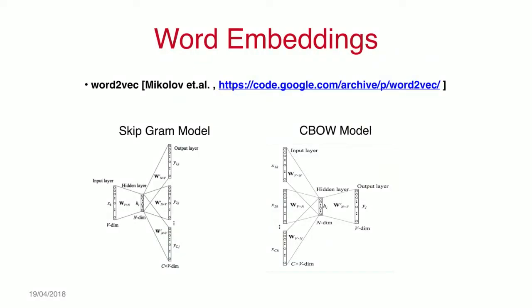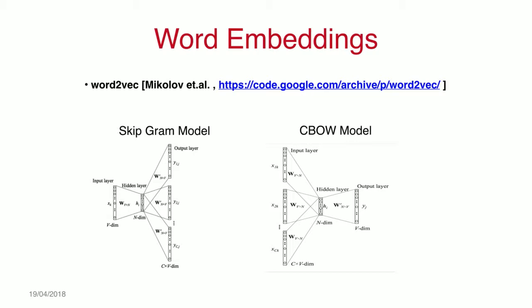This is essentially the architecture of word2vec. There are two models in word2vec, introduced by Mikolov in 2013, and essentially it's a probabilistic neural language model.